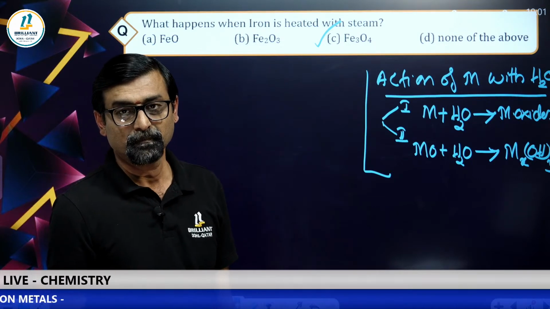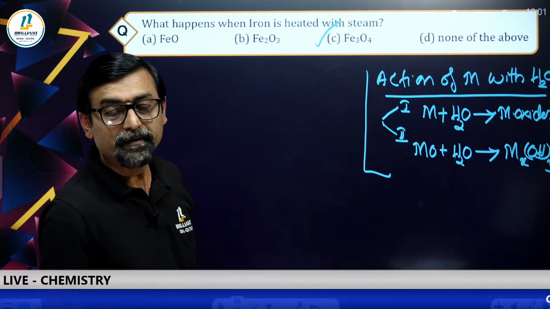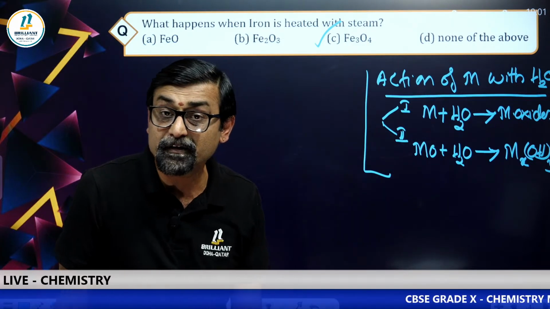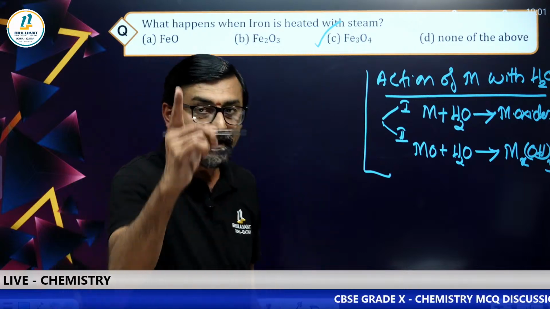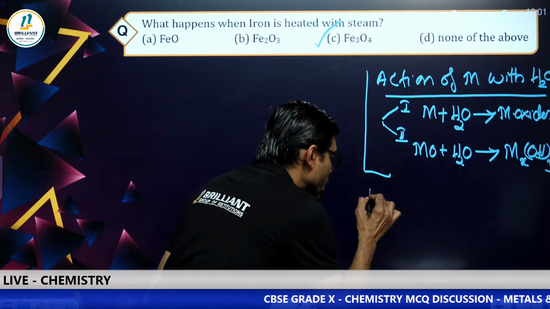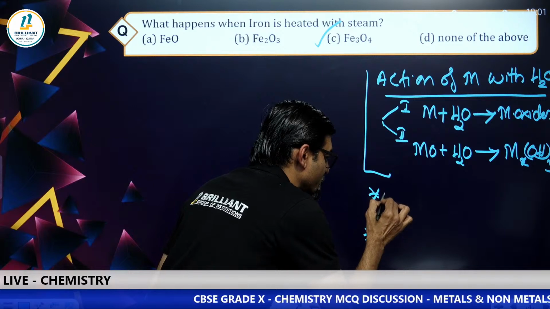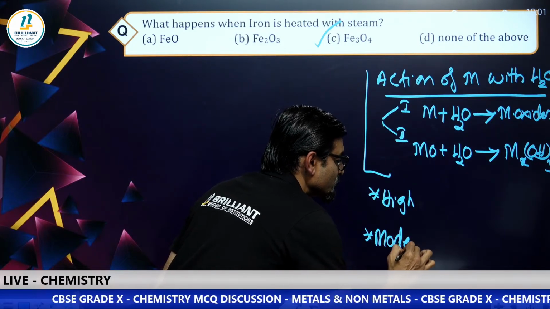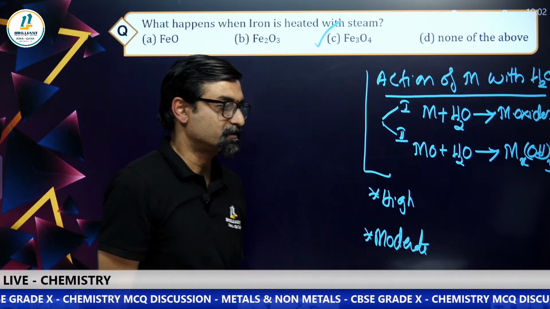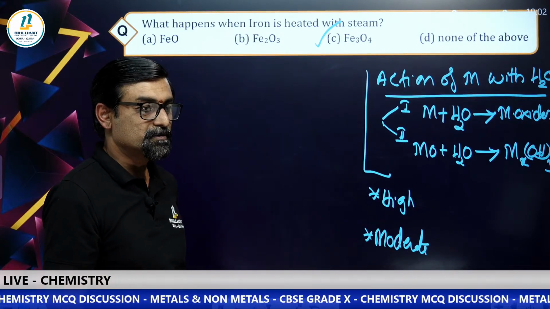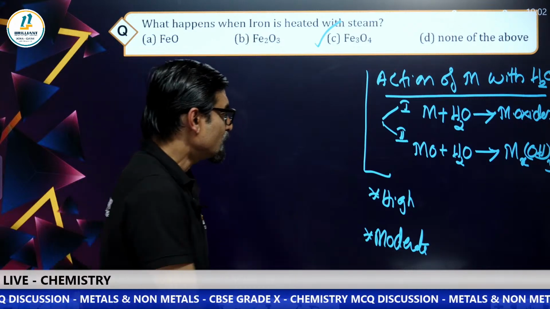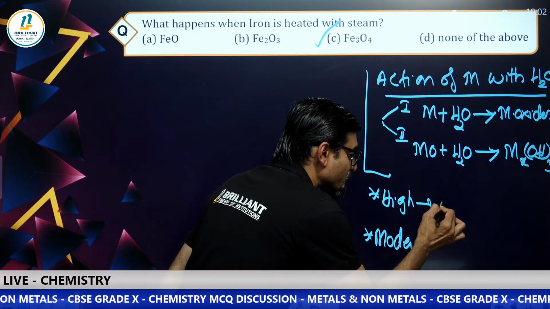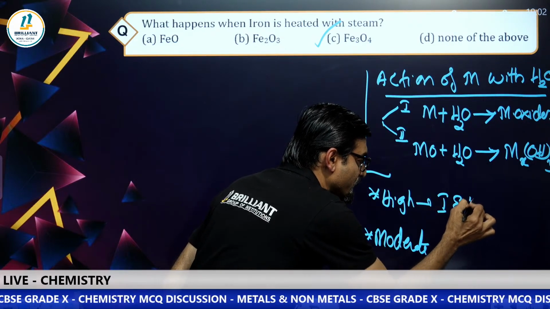But what is the product formed here? Fe3O4. According to the steps, it should be hydroxide. But what is happening here? Remember, children, there are two categories of metals we have already discussed: one is high and one is moderate. Are you able to follow me? The high reactive metals will undergo both step 1 and step 2.